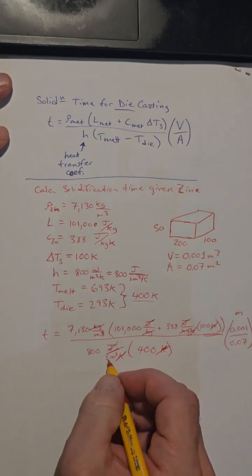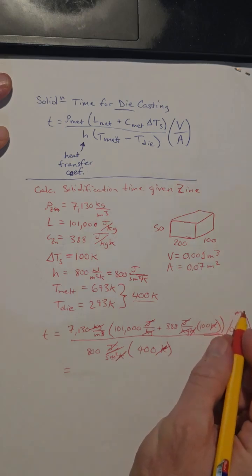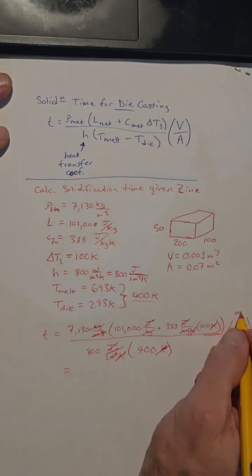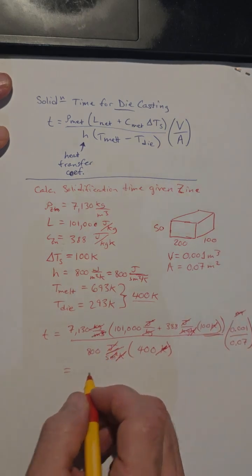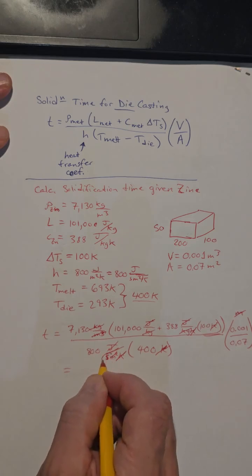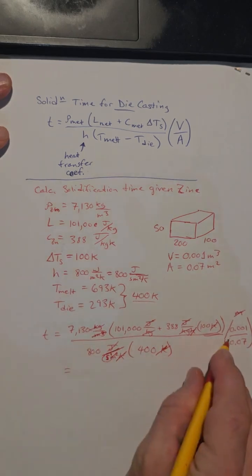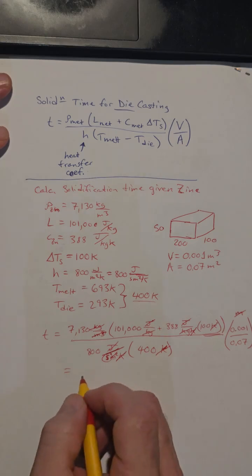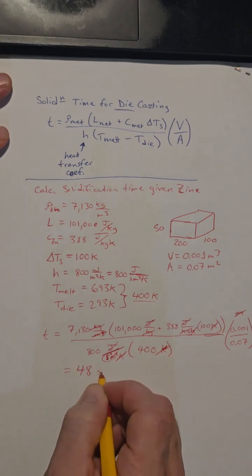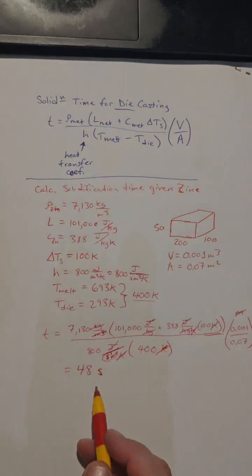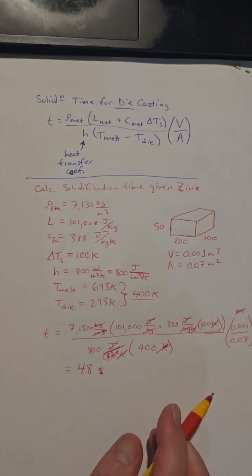So we end up with this meters cubed is going to go up on the top. So meters cubed per meters cubed. Those all cancel. So we end up with just seconds, which is what we want. That's going to go up on the top because it's in the bottom of the fraction on the bottom of the fraction. Now we plug all this into our calculator and we're going to get a value of 48 seconds. That's our solidification time for this zinc die casting example.